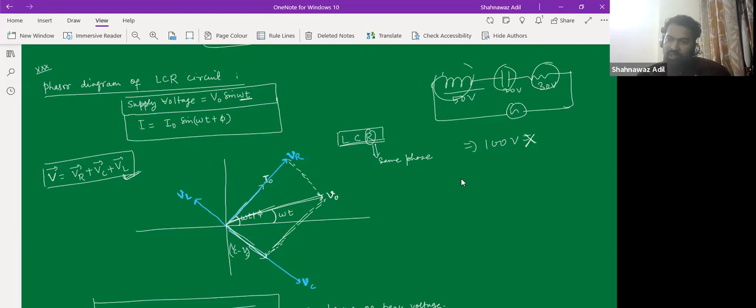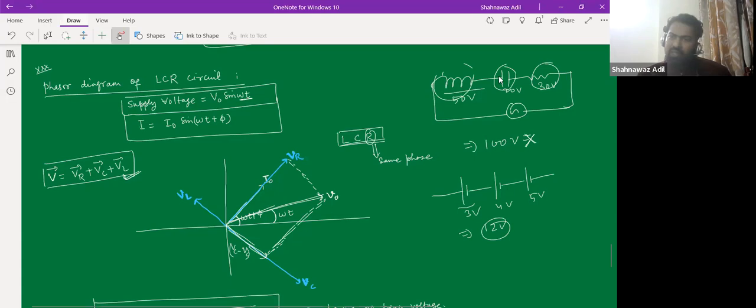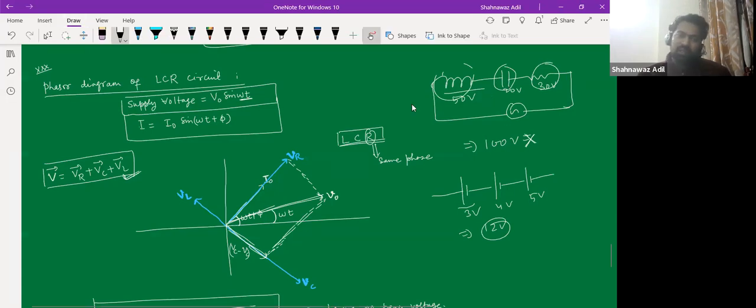In a normal circuit, what do you do? If you have this voltage and this voltage and this voltage, let's say 3 volt, 4 volt, 5 volt, then you just simply add them: 3, 7, 12. You just add them together. But in this case, they do not add algebraically.